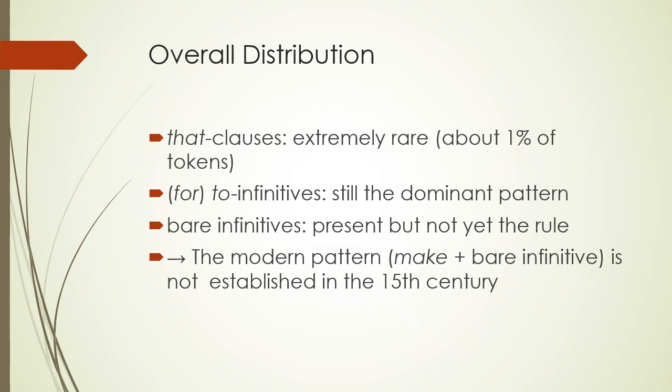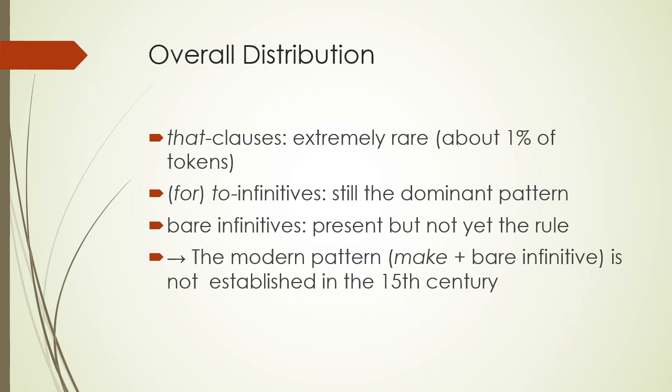As for the overall distribution of the three complement types, that clauses after causative make are extremely rare in this material. They account for only about 1% of all examples. Secondly, to infinitives and for to infinitives are clearly dominant throughout the 15th century.